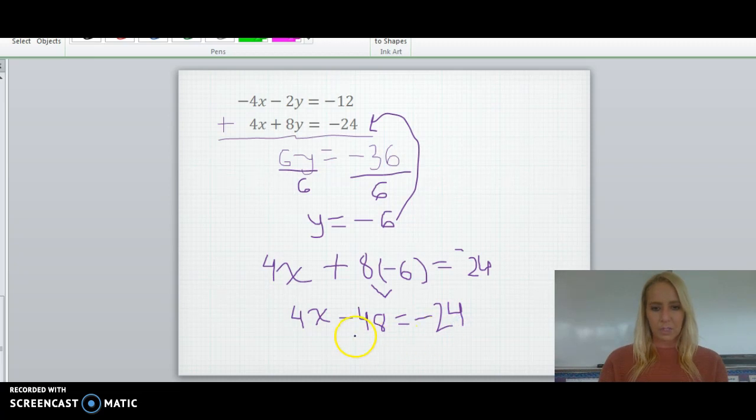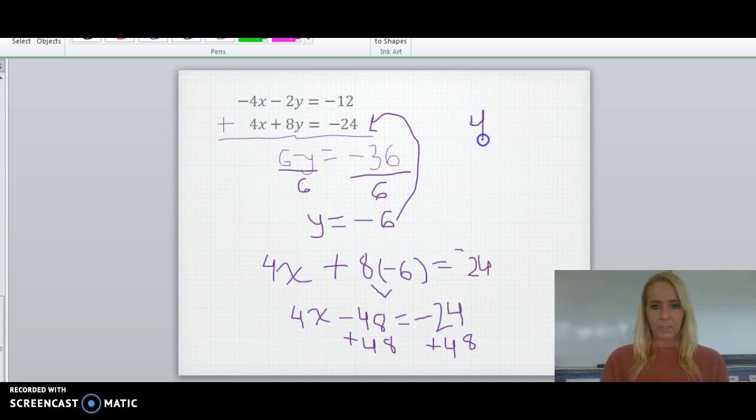Now this becomes a two-step equation. I'm going to add 48 to both sides. I guess I should have done the work over here so there's more space. Negative 24 plus 48. I'm going to move up here, but you can continue down on your sheets.